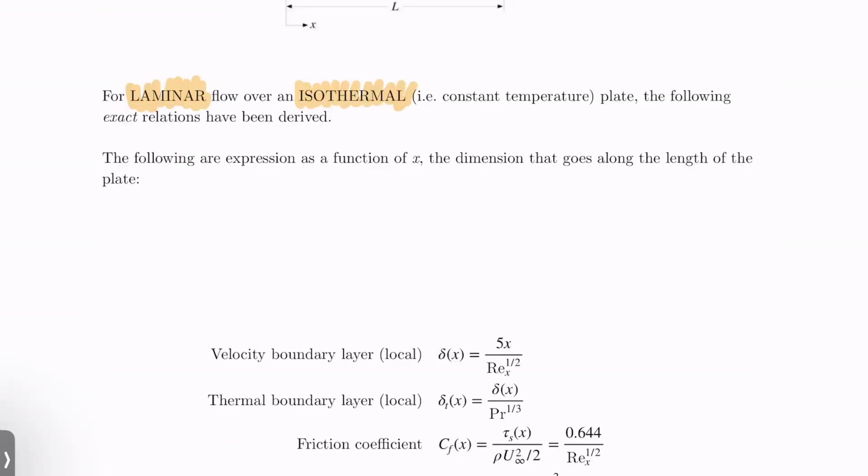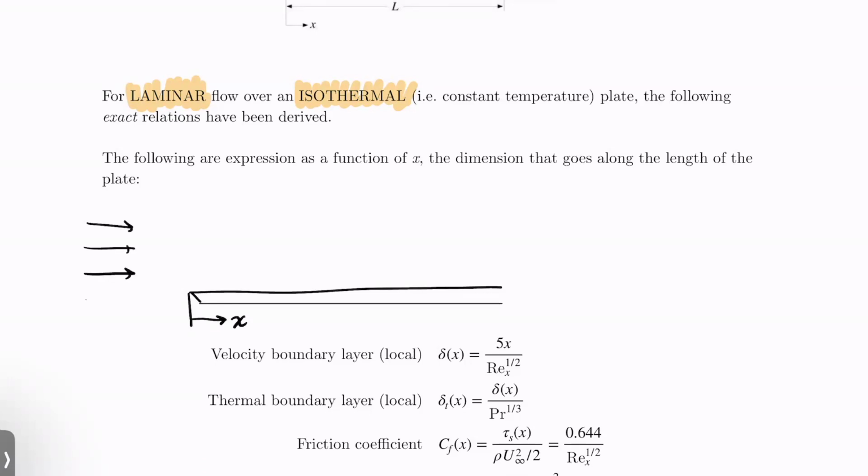So we have our plate like so. This is going to be my X dimension. And we have an incoming velocity that's uniform, called U infinity.